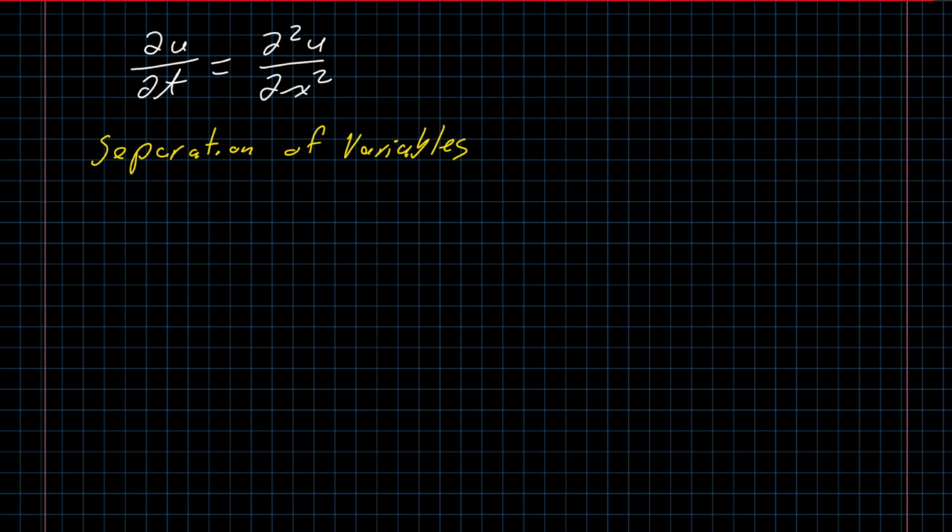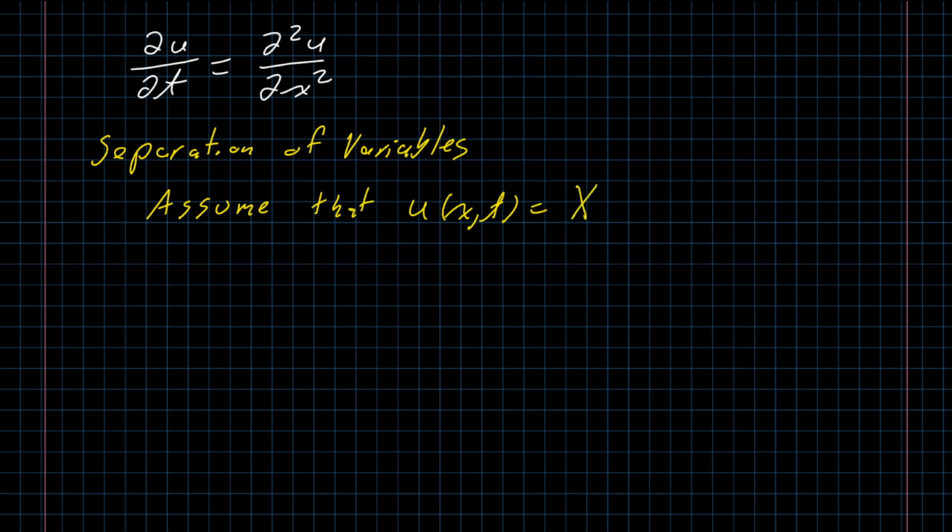Instead, the idea of separation of variables is that we're going to assume, with absolutely no justification whatsoever, that u of x and t is equal to some function big X of x multiplied by some other function big T of t. We have no reason whatsoever to think that this will work, except for the reliance on someone at some point in the past tried it and was able to get a solution.